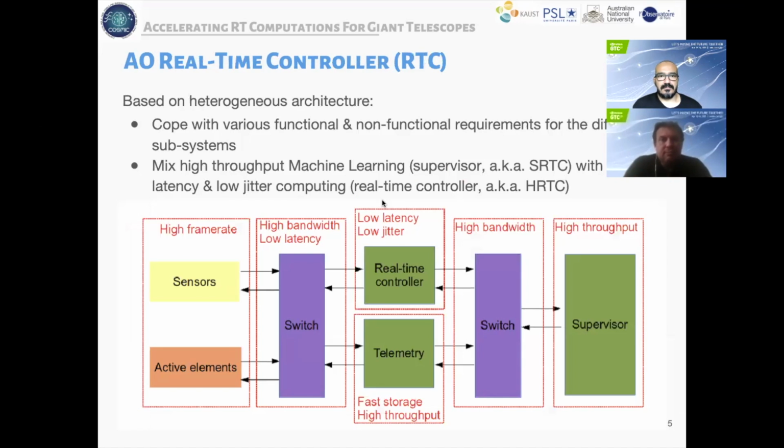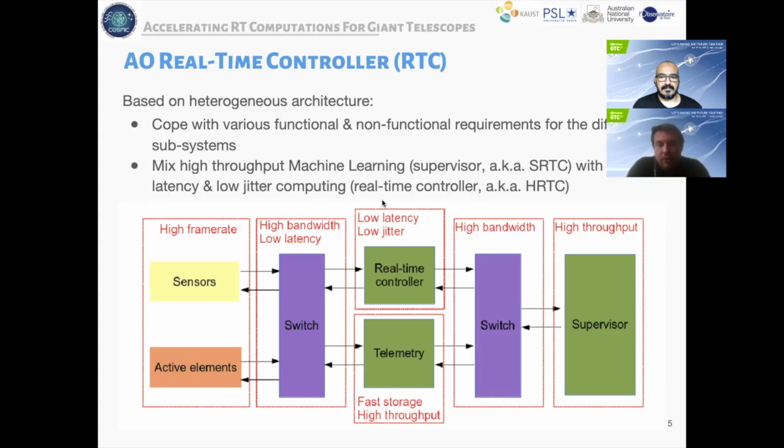So this real-time controller is basically a very heterogeneous computing system with a functional breakdown that is depicted in this diagram here. On the left, you have the hardware that is on the adaptive optics bench, the sensors and the active elements, and then we transfer data to and from this hardware to compute the optimal shape we should apply to the deformable mirror.